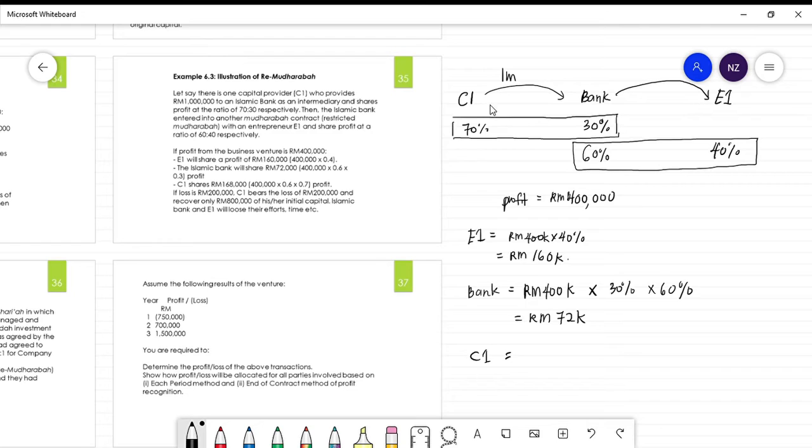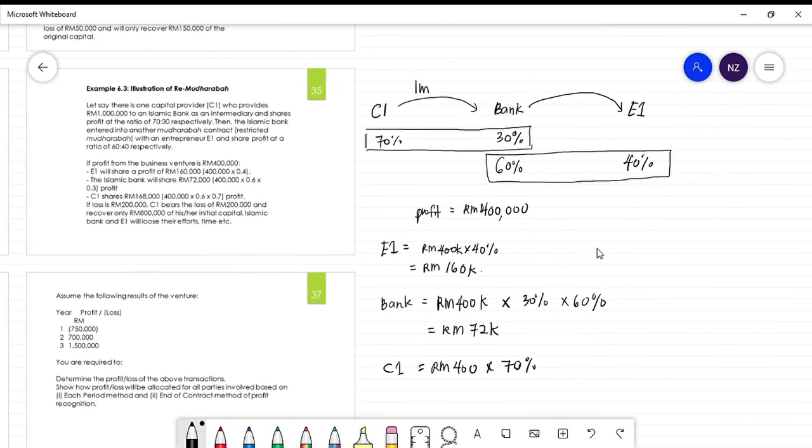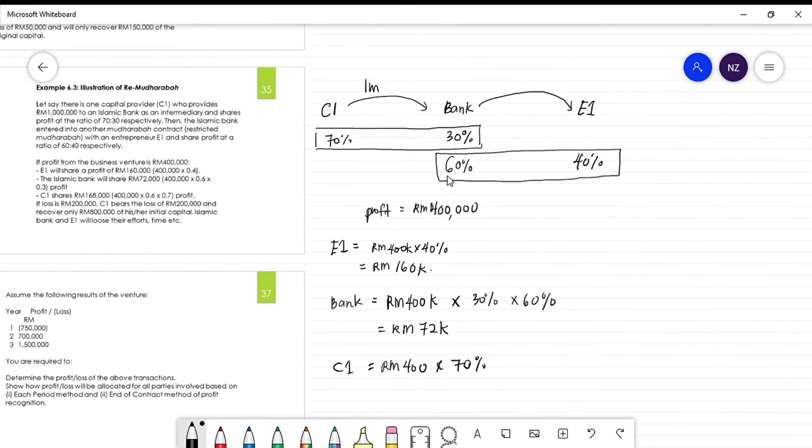We know C1's profit has one ratio here, which is 70%. So you would do 400K times 70%. But don't forget the bank, as the middleman earlier, also gets profit. Right, it gets 60% profit from E1, or the second mudharabah between the bank and E1. So you guys have to know this mudharabah concept. It means the profit that the mudharib gets, you have to share with the Rabbumal according to the pre-agreed ratio.